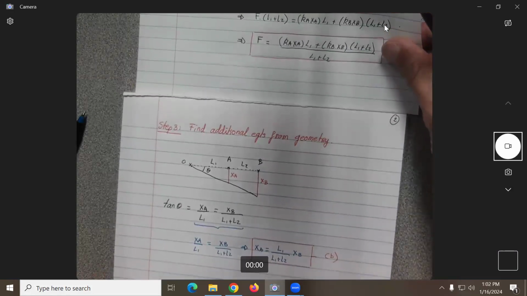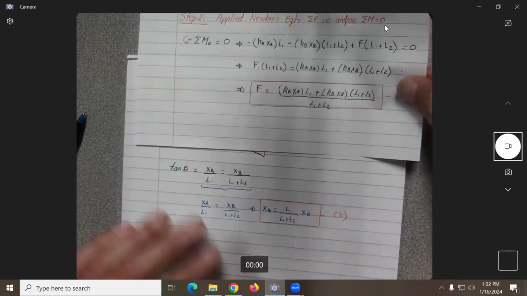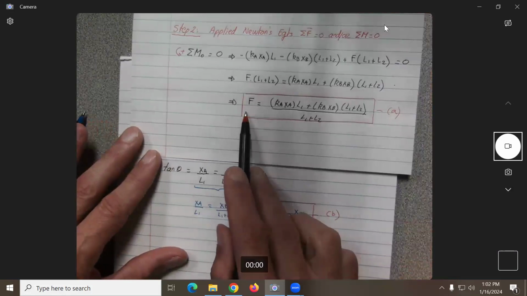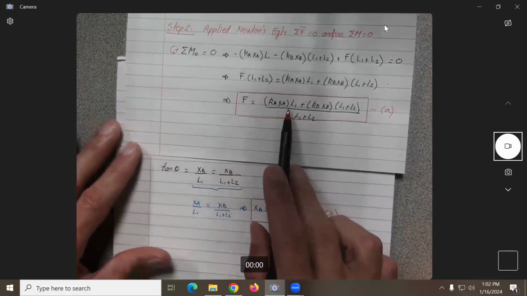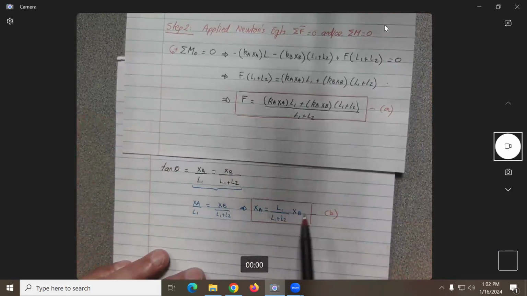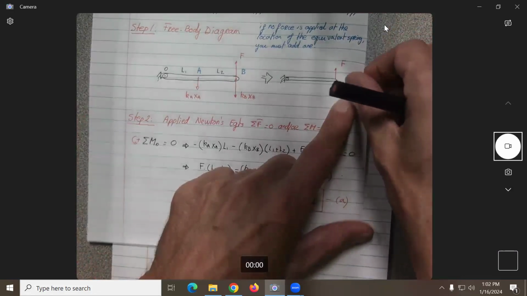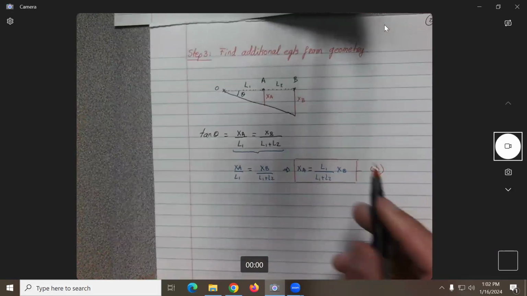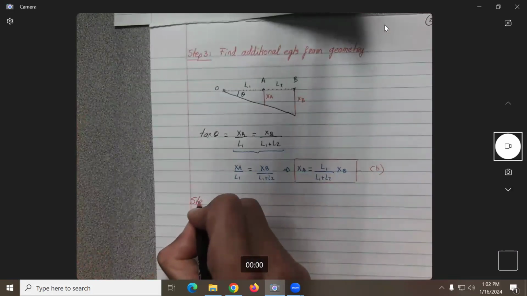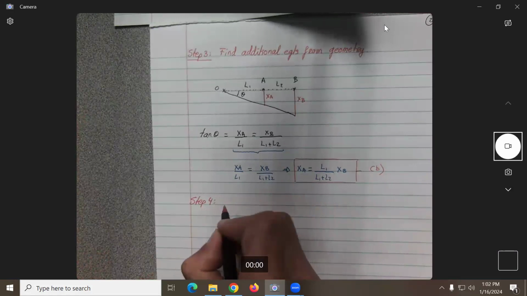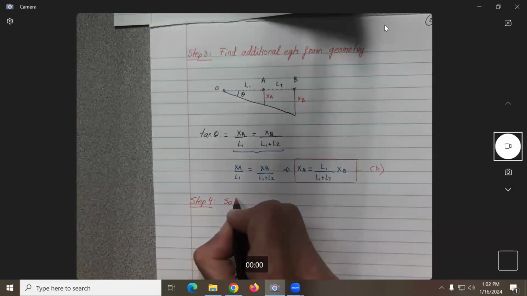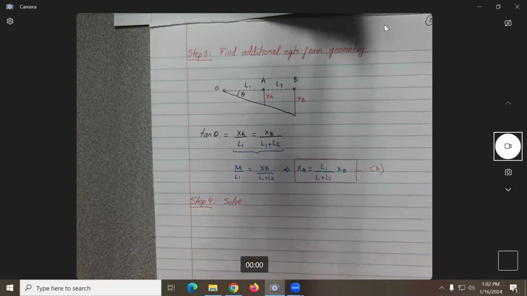So now, what are we going to do? Now we can just take this equation. We're going to substitute X sub A by this expression and try to see if it will be equivalent to this one, no? Okay? So if you want, step 4 will be to solve.